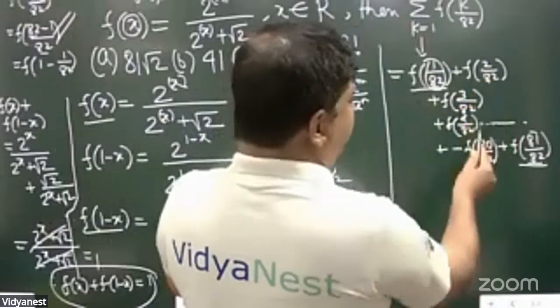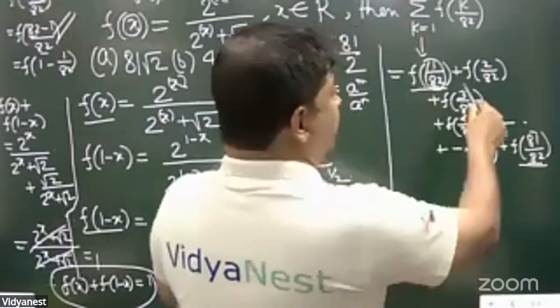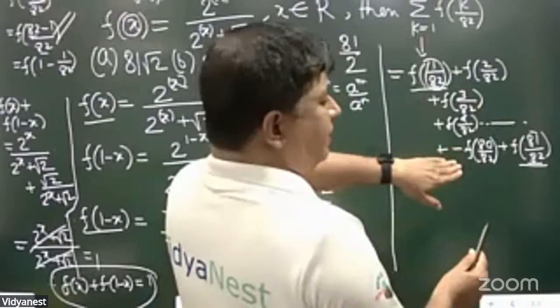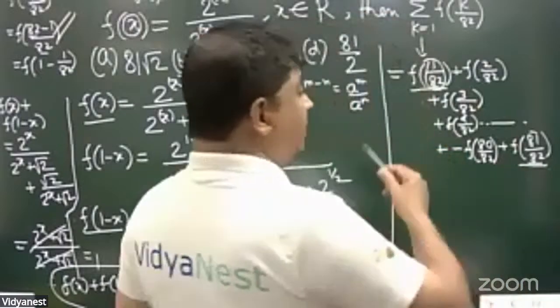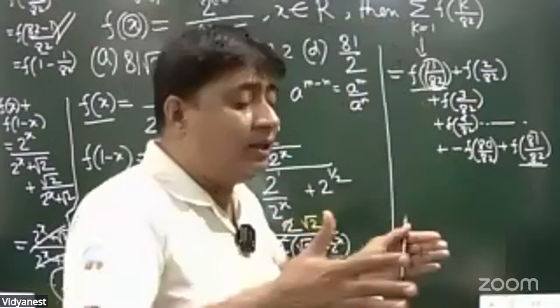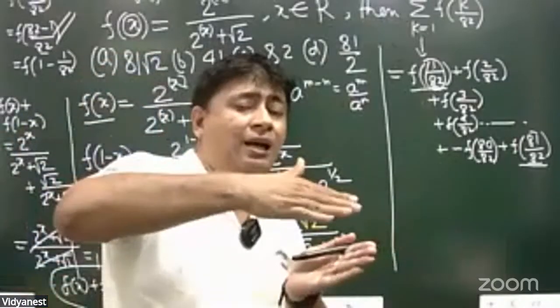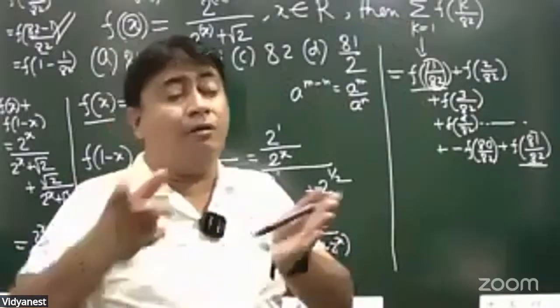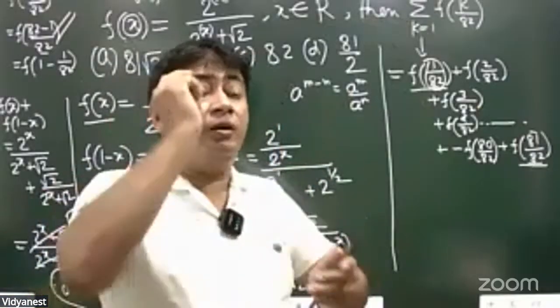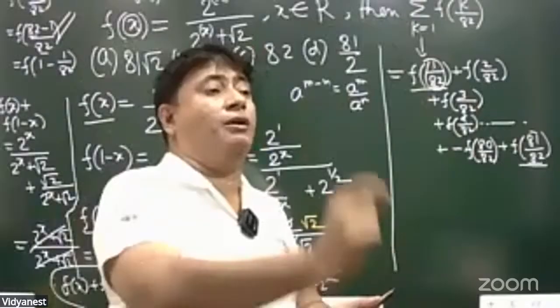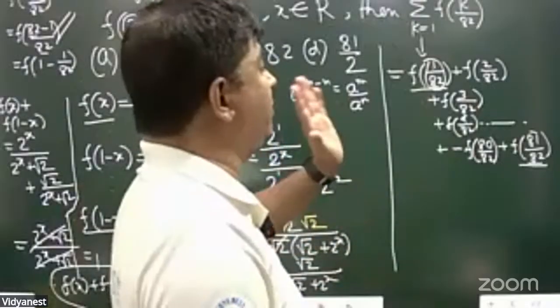Roll number 2 and 80, second group. 3 and 79, another group. In this way, the roll numbers come closer from the beginning and the end, 39 and 43, 40 and 42. But roll number 41 will remain alone.